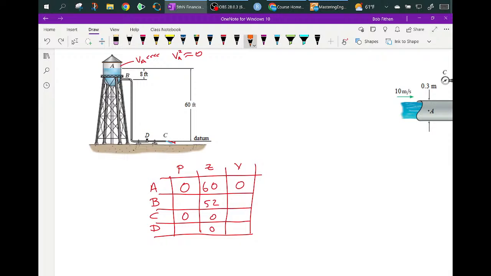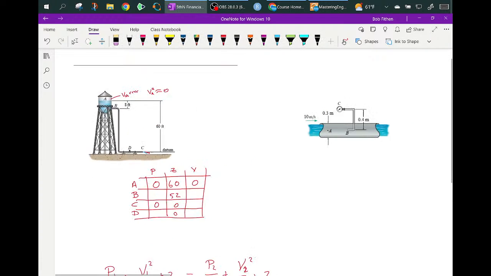Once I have the velocity in the pipe at C, that'll be the same as the velocity in the pipe at B and at D if the pipe diameter never changed up through here. And if it does change, you can give me the diameters, and I should be able to tell you the velocity of that. So let's go about this.